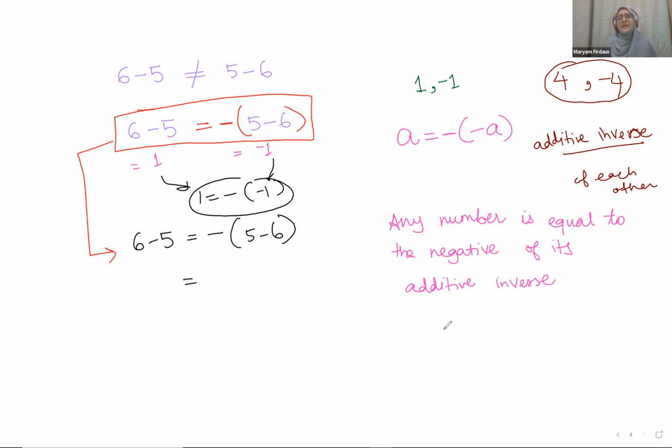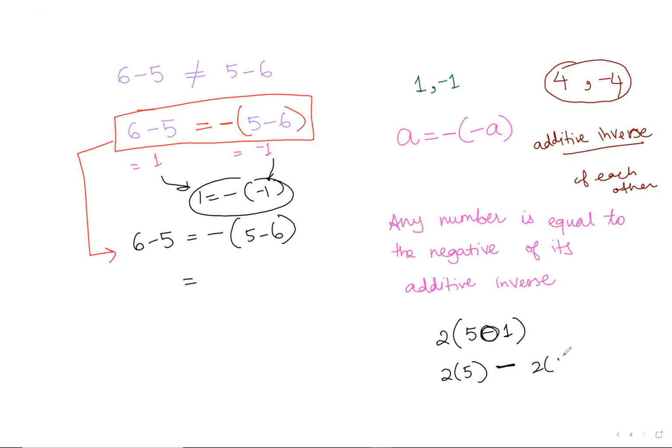If you have, let's say, a number 2, and when I put a bracket right outside a number, it means they are multiplied with each other. So 2, and in the bracket, 5 minus 1. This is equal to 2 multiplied by 5, and then minus 2 multiplied by 1. Why minus? Because here there's a minus.